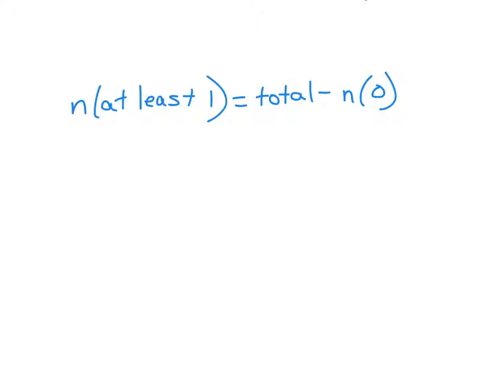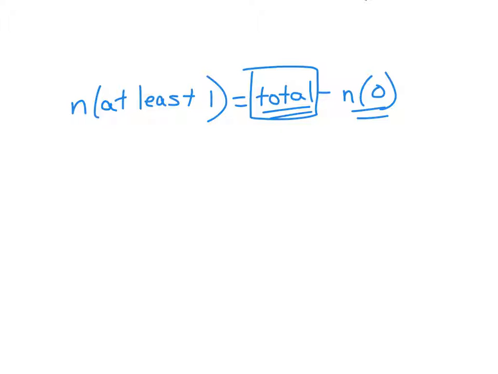So we've turned this into a problem where we got to do 2 easier things than the one great big thing. So let's think about the total first. How many ways can a 10-question true-false test be filled out? Okay, it's not an or problem. That part of the problem is not at least one. Okay, so is repetition allowed?